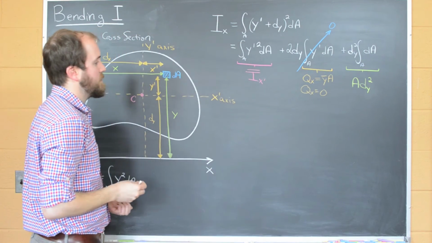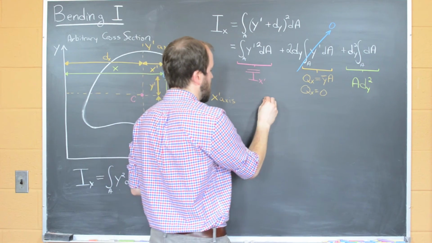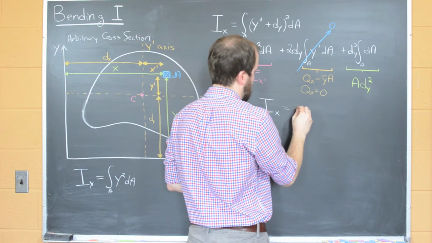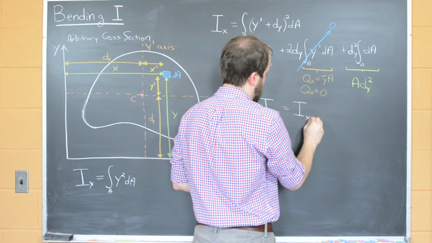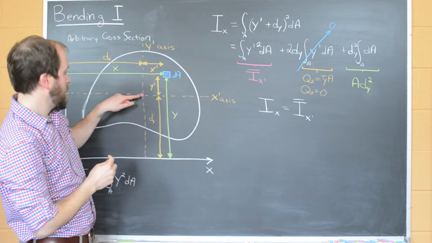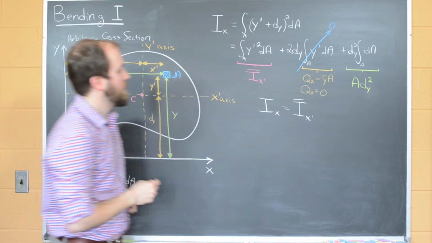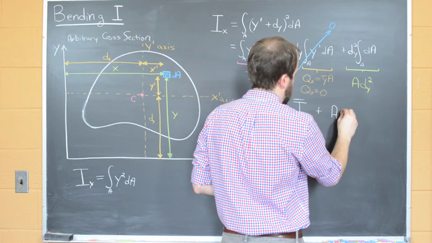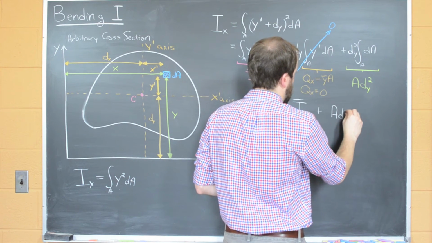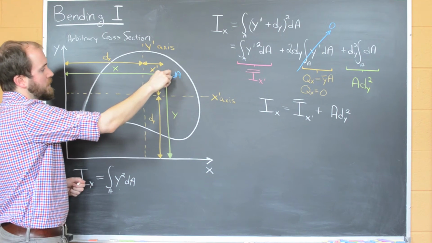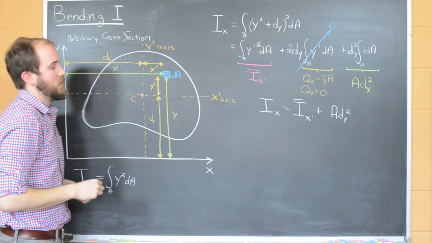And this leads us to the parallel axis theorem, which says that the second moment of area is equal to the second moment of area of this point plus a term that accounts for the distance of the area that you're looking at away from that centroidal axis.